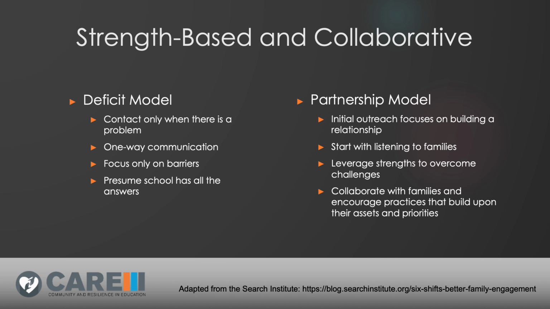And looking, again, at that strength-based approach, believing that every family has strengths. And so how can we help the family leverage those strengths to overcome the challenges? And finally, collaboration that encourages families to build around their assets and their priorities while working within the school system.